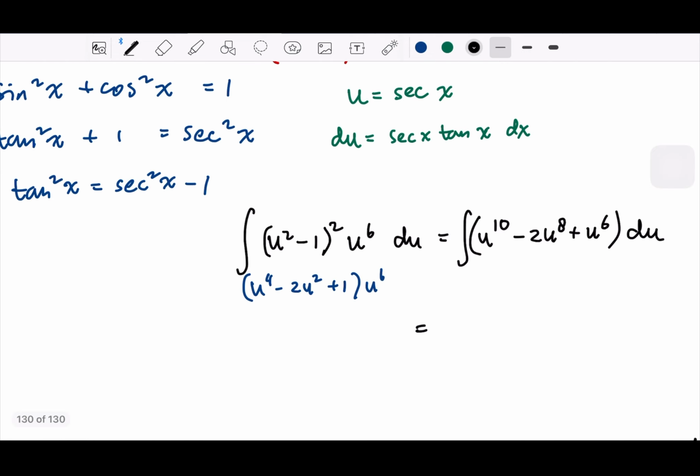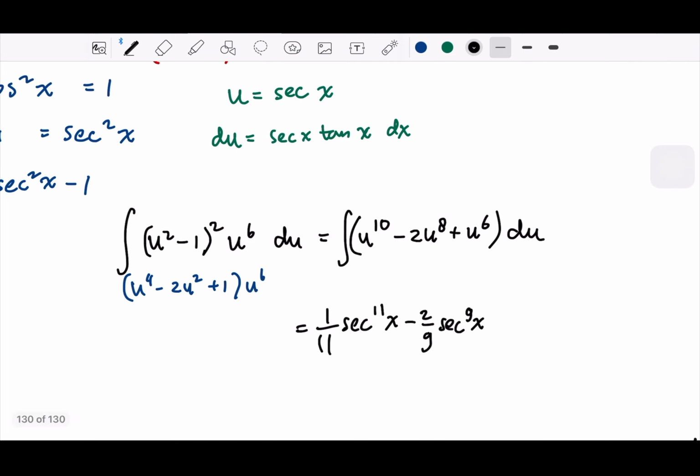Then take the integrations. U to the power of 10 gives 1 over 11 secant with power of 11 x, minus 2 over 9 secant with power of 9, plus 1 over 7 secant with power of 7 x, plus constant.